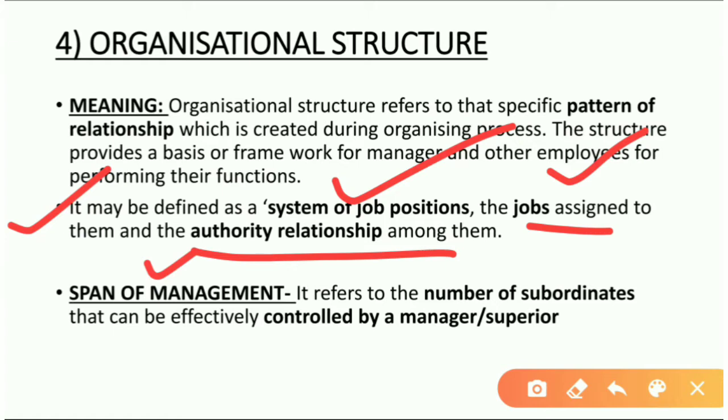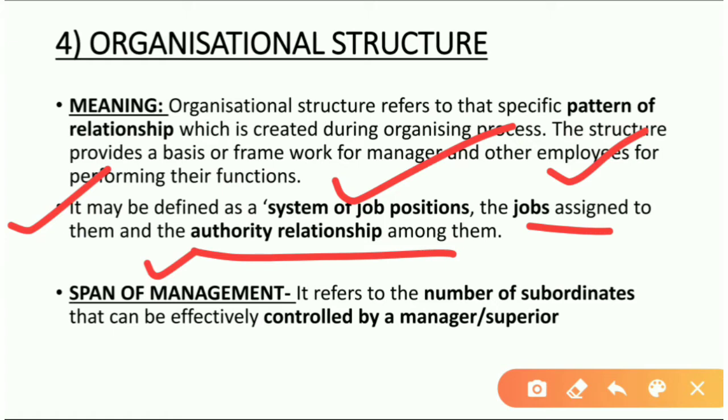When any manager gives responsibility to the employees, then along with the responsibility he has to give authority also. So by looking at the organizational structure we can know who has been given the power to take decisions, right?